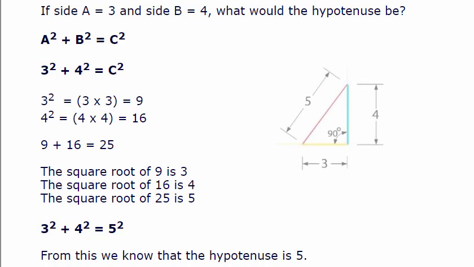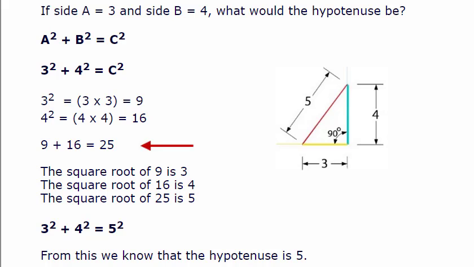Here is a recap of the first problem. We have a squared plus b squared equals c squared, where c is the hypotenuse. In this case, it's 3 squared plus 4 squared equals c squared. So let's just say we don't know what c is. So we take 3 squared, which equals 9, because 3 times 3 equals 9. 4 squared equals 16.